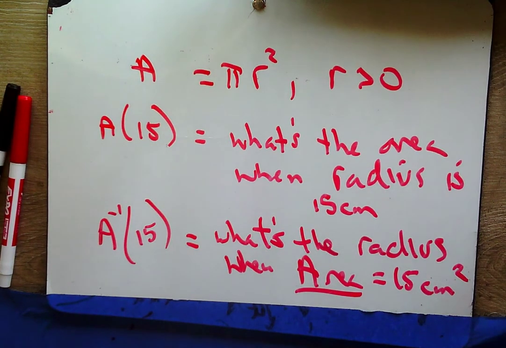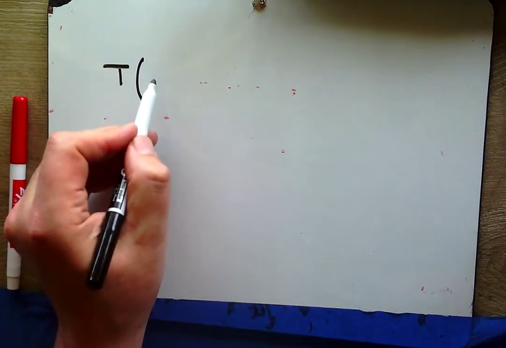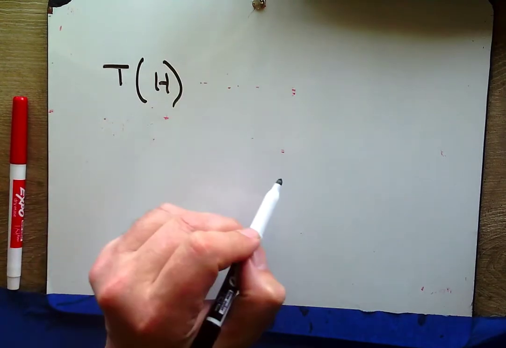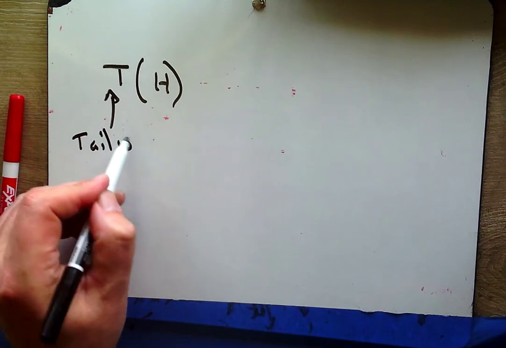Okay, so let's consider the following. My dog is involved in this next function. T of H. T, tail wags.